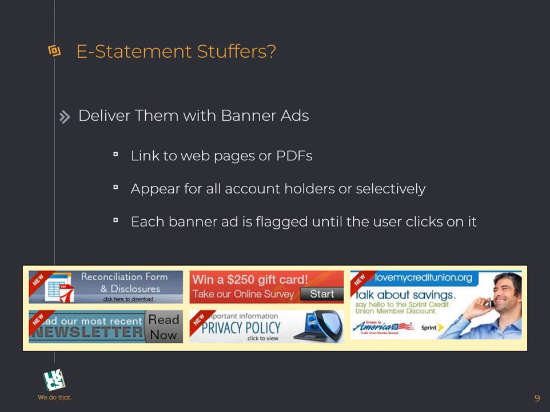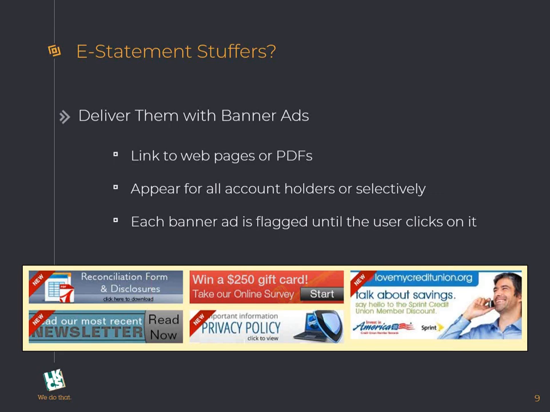So we link banner ads to web pages, we link them to PDFs, we link them to online applications, anything like that. And those banner ads can appear to all of your e-statement users, or we can display them selectively. So we can set up different groups of your e-statement users based on account relationships, balances. We'll talk more about that further in a few slides.